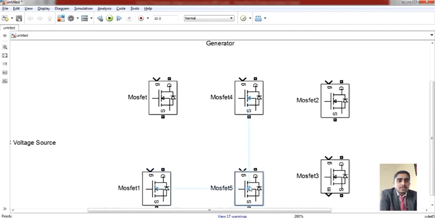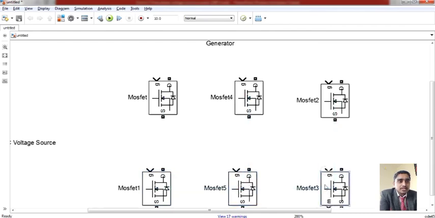That means MOSFET M1, M3 and M5 are the upper layer MOSFETs, and M4, M6 and M2 are the lower layer MOSFETs.